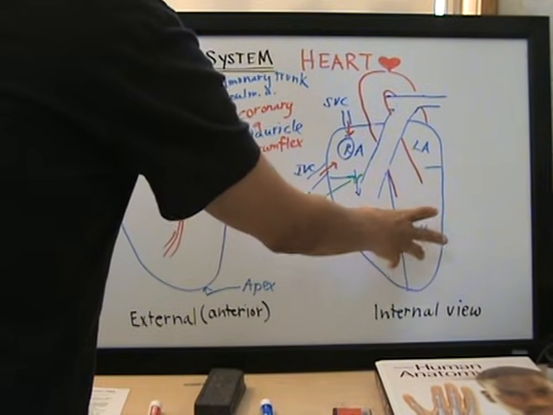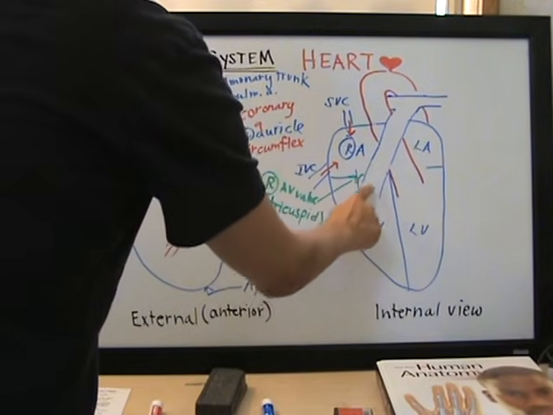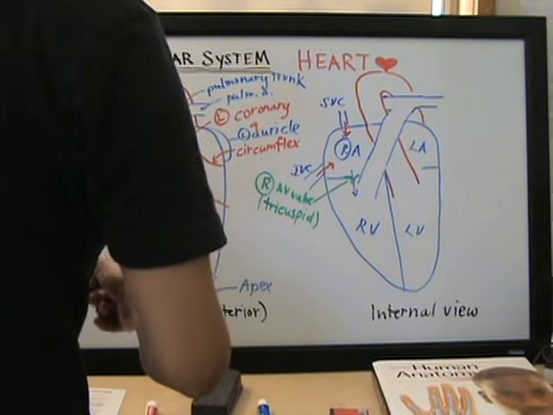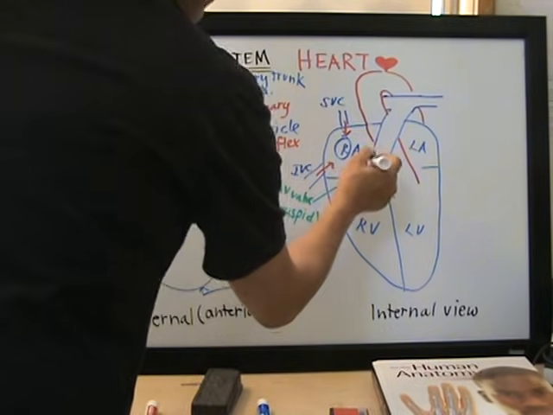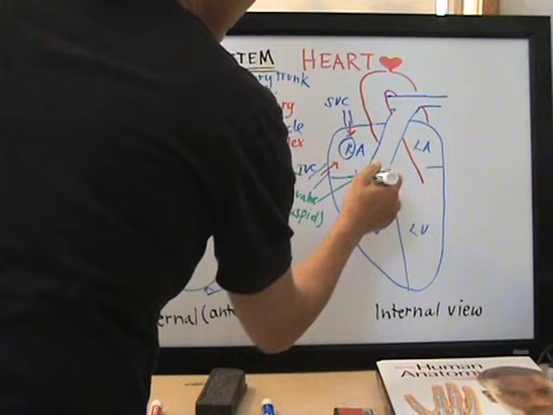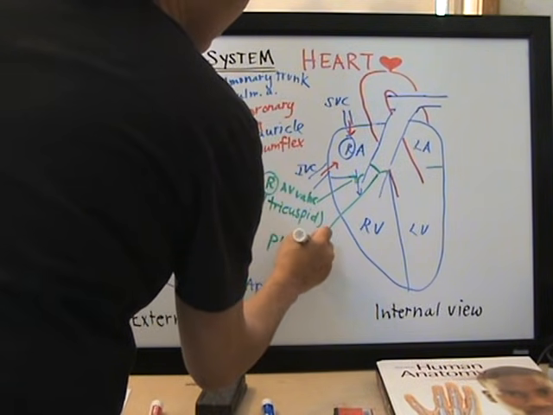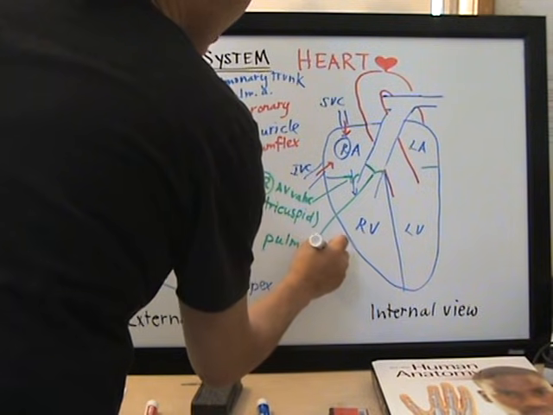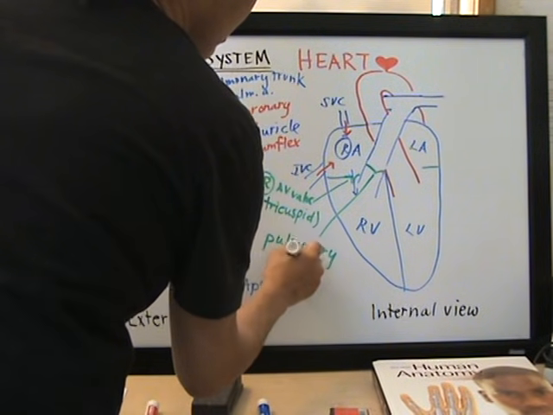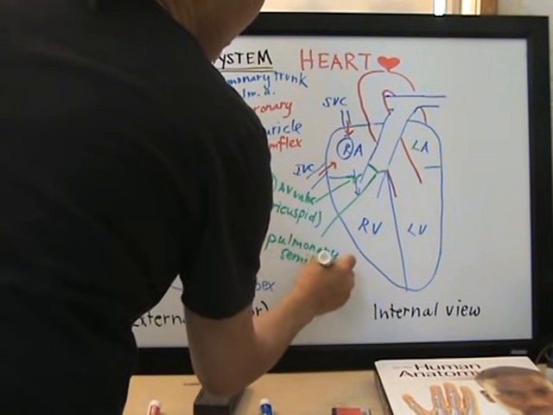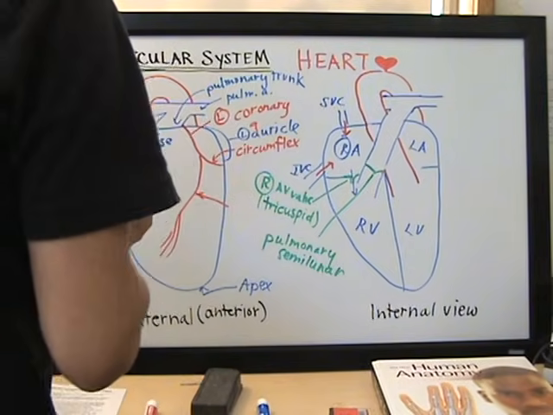Then from here, as the ventricles contract, it's going to squeeze blood out through the pulmonary trunk and through the next valve called the pulmonary semilunar valve. Semilunar refers to half moon.